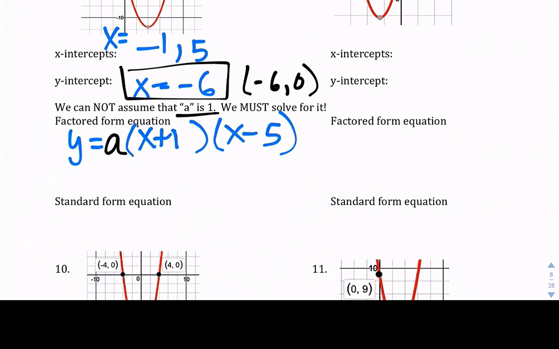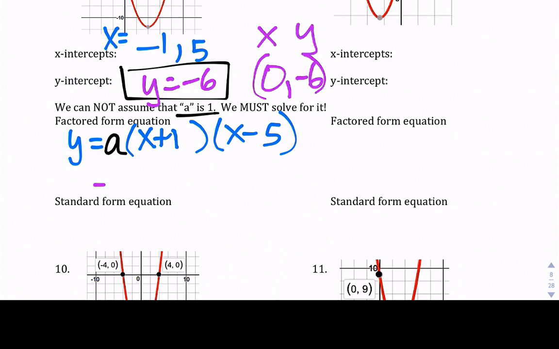All right, we plug in everything that we know. This is our x value, this is our y. So 0 equals A. Oh, I'm sorry, this is the y-intercept, so let's switch this around. Okay, so the y-intercept is y equals -6. So the y-intercept is (0, -6).